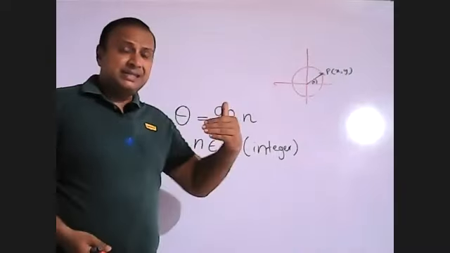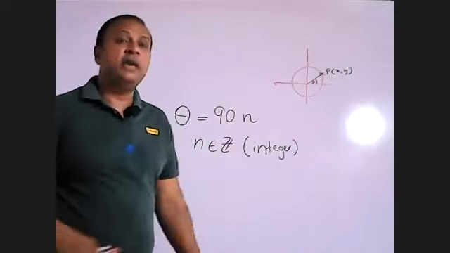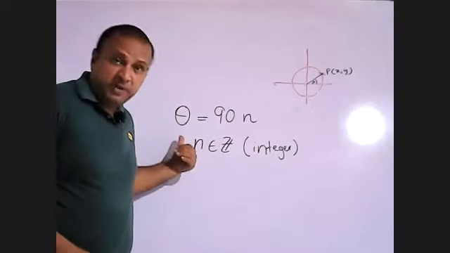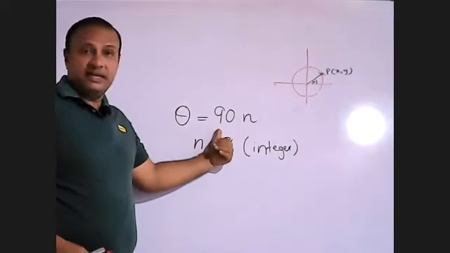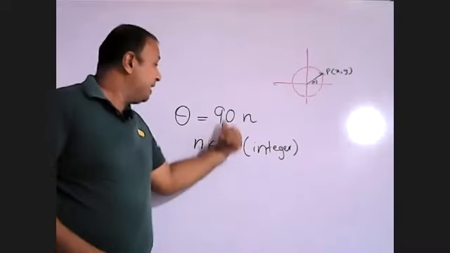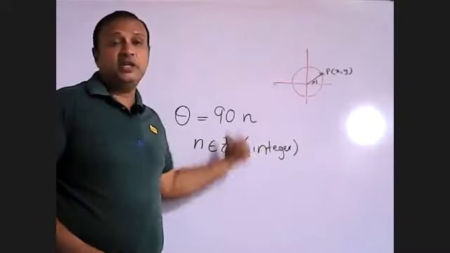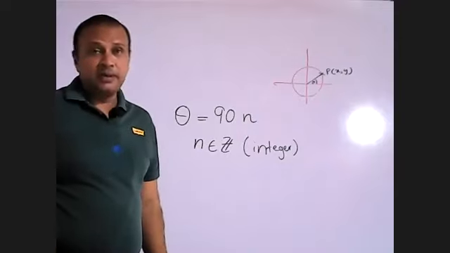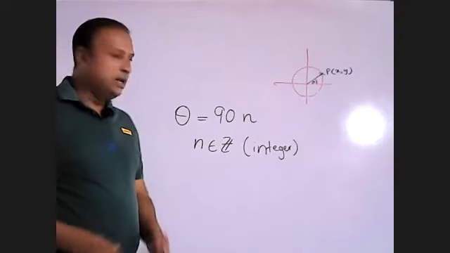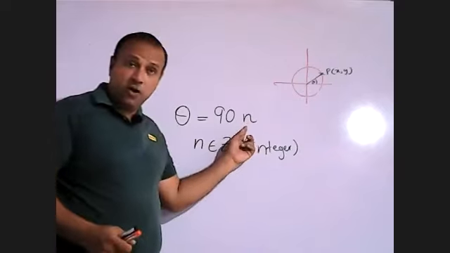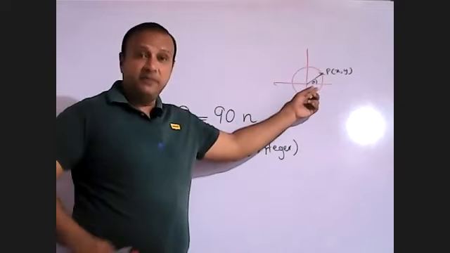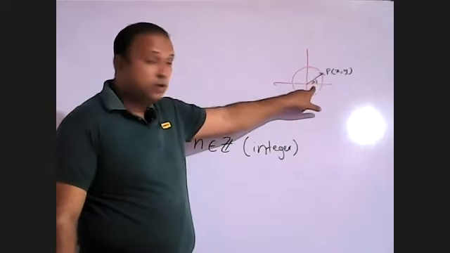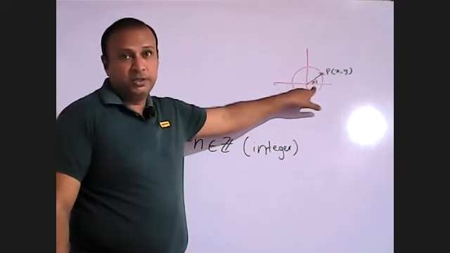Okay. Last time we found the trigonometric ratios of angles which are equal to 90 into n. 90 into n means integral multiplications of 90 degrees. If n is equal to 0, then we can find the trigonometric ratios of 0 degrees.